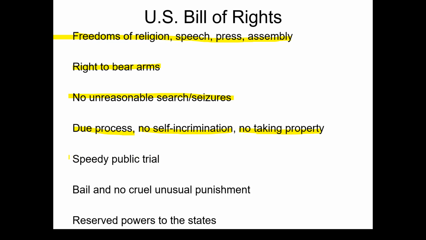And then the Sixth Amendment is also another big one that gives you the right to a speedy public trial by a jury, also with the right to have counsel. And the Eighth Amendment is the right to have bail, no cruel or unusual punishment. And the 10th Amendment is the one that the states were really waiting for. That's the one that says anything that's not in the Constitution that is specifically delegated to the federal government is therefore reserved to the states.